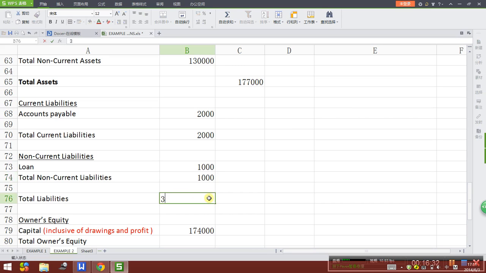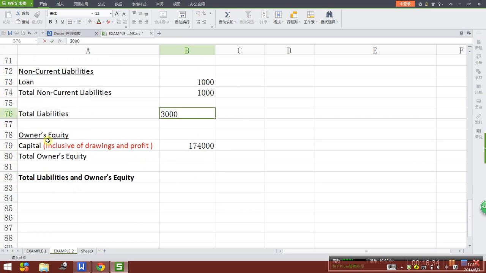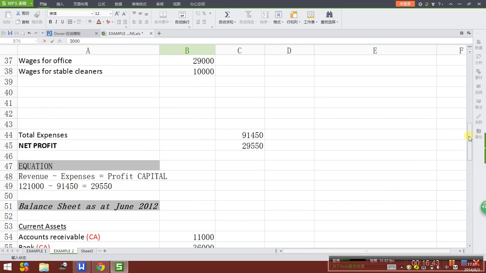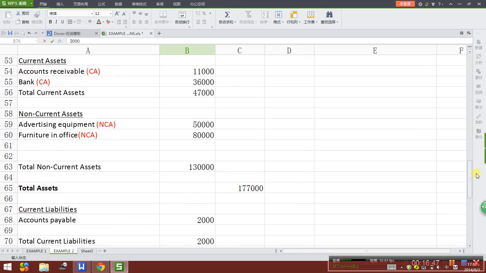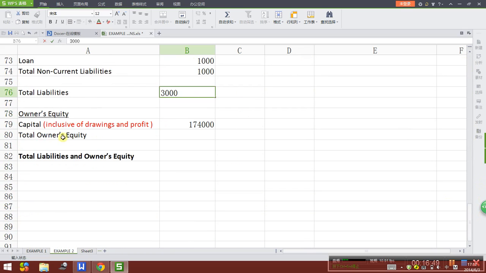So the important part is the owner equity. This capital, not just the capital, we refer to the trial balance. We must include the drawing and the net profit in the income statement.